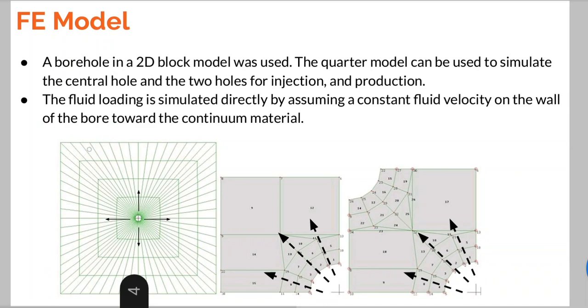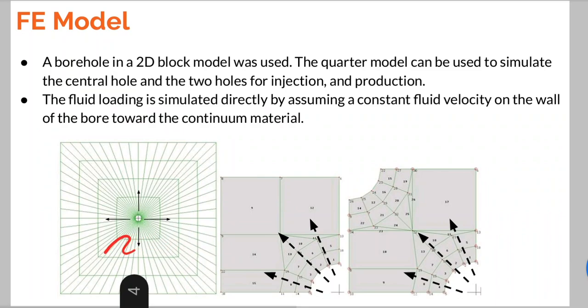The models used in this work: the first model on the left is the complete model with the central hole, as shown in this figure. Also the quarter model, in the case of one hole from the right, or in the case of two holes, injection and production holes.